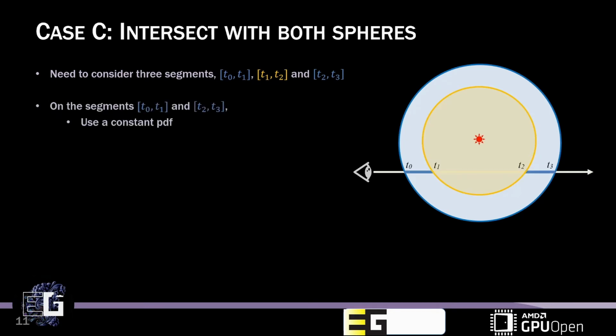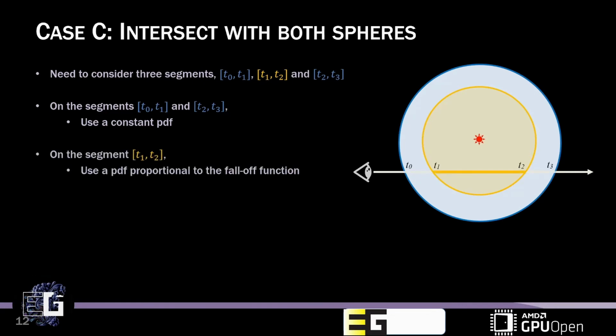On the segments T0 T1 and T2 T3, highlighted with blue in this figure, the PDF is uniform because the fall-off function is cancelled out with the Russian roulette probability. And on the segment T1 T2, highlighted with orange, the PDF is proportional to the fall-off function.